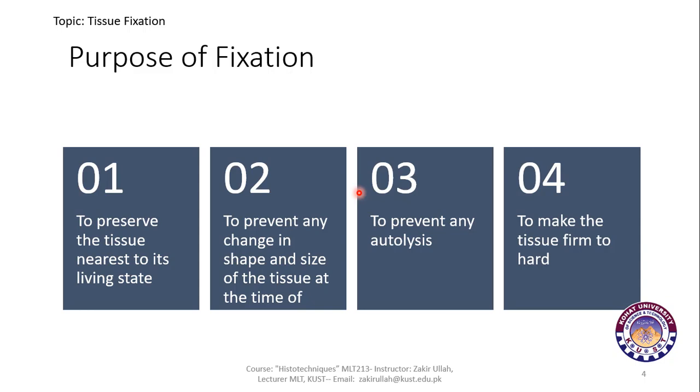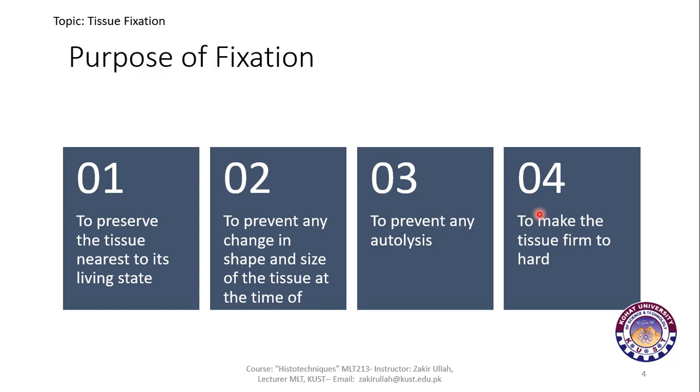The fourth purpose of fixation is to make the tissue firm to hard, because usually soft tissue cannot be cut easily, and we cannot perform any sort of techniques on it. So, for that purpose we fix the tissue so that it becomes slightly firm.